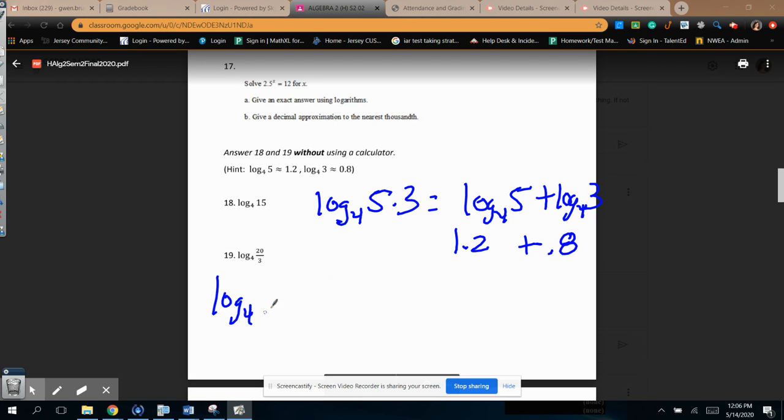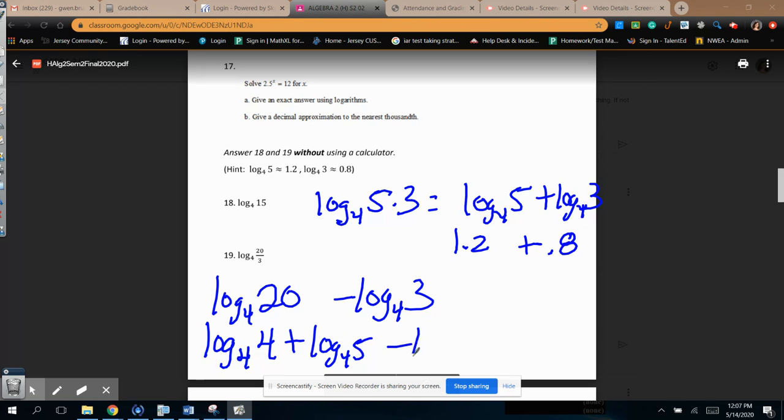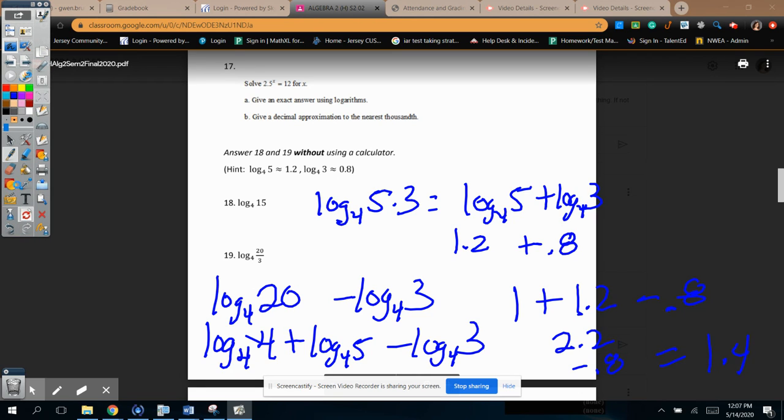Log 4 of 20 minus log 4 of 3, but 20 is not a fun fact, but 4 times 5 is. So log base 4 of 4 plus log base 4 of 5 minus log base 4 of 3. Log base 4 of 4 is 1 plus 1.2 minus 0.8, 2.2 minus 0.8, what's that, 1.4? I think 1.4.